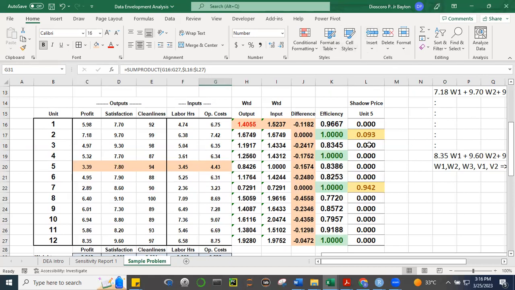Anyone? A linear combination, in number 3, unit number 3. A linear combination of the efficient units that performs better than unit number 3, since unit number 3 is not efficient.